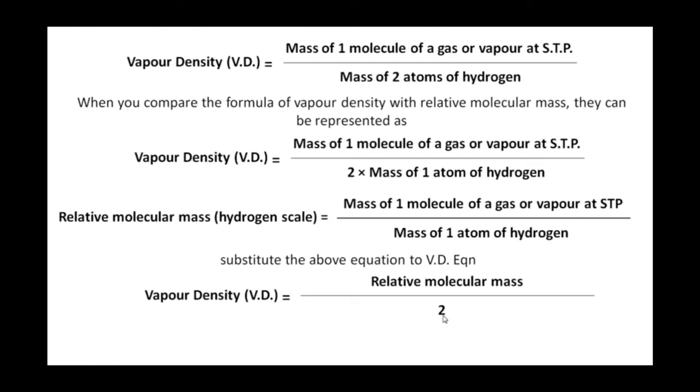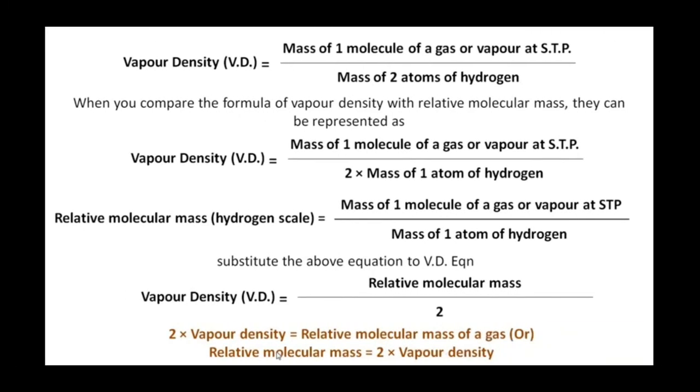So, we are going to substitute the relative molecular mass into the vapor density equation. And we will be getting vapor density is equal to relative molecular mass by 2. It can be written as 2 into vapor density is equal to relative molecular mass, or relative molecular mass is equal to 2 into vapor density.